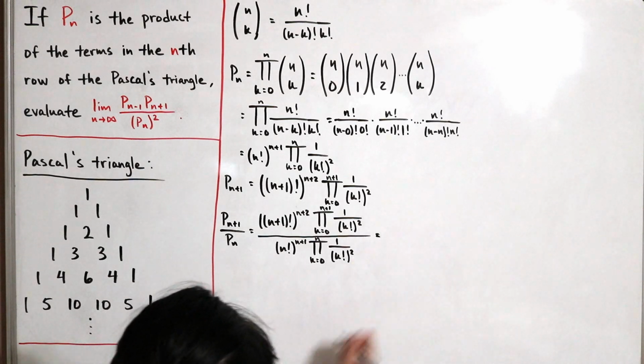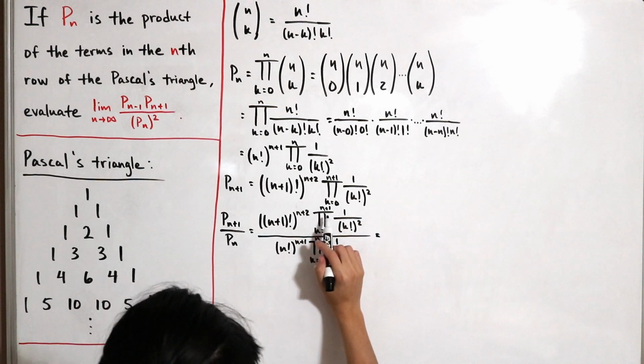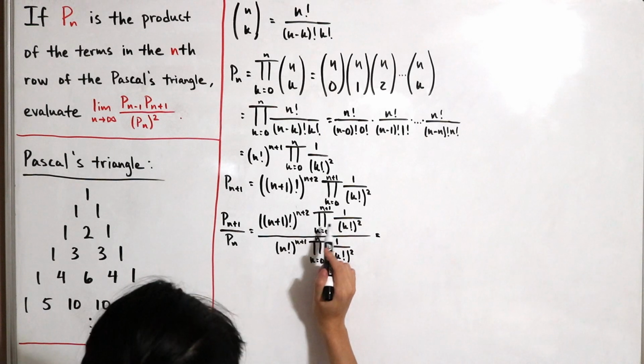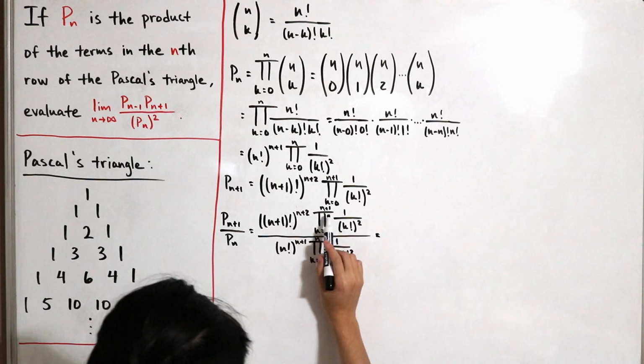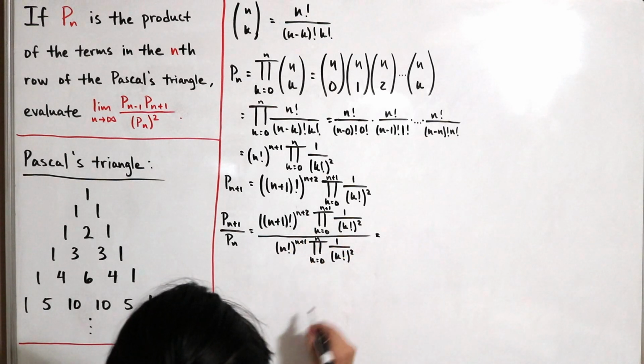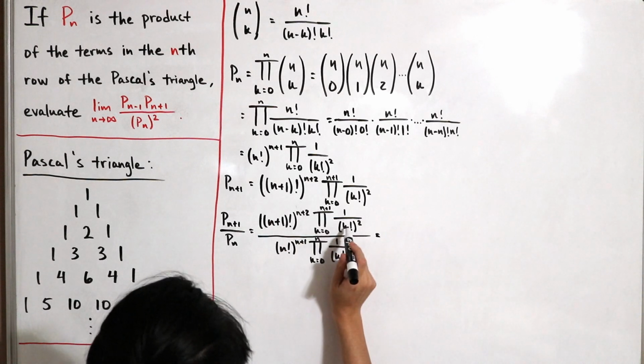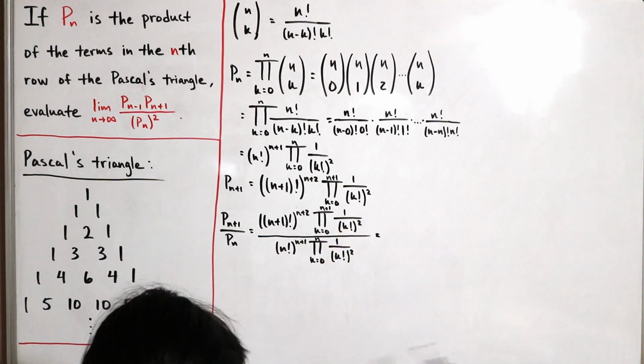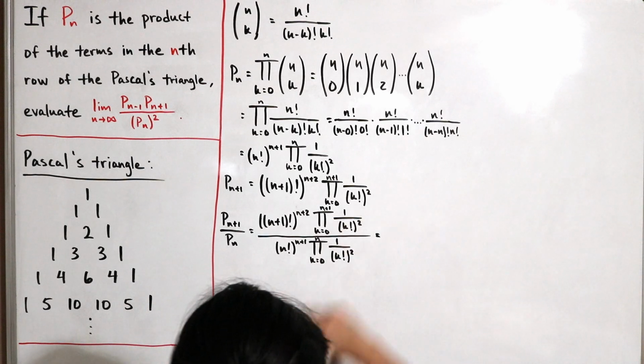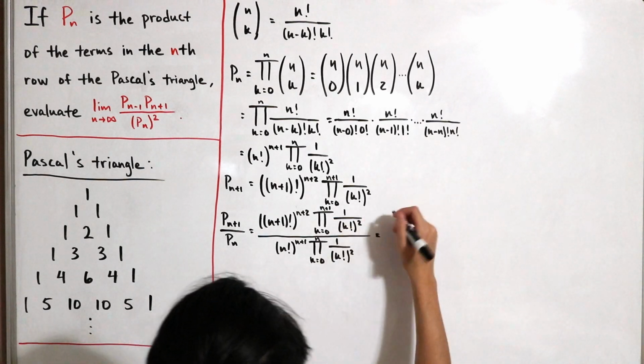Keep going further. We can perform a re-index specifically for our product, the index going all the way up to n plus 1. I'll evaluate the n plus 1 term of that series, then multiply that with the product that ends at n. You'll notice the terms will cancel out.